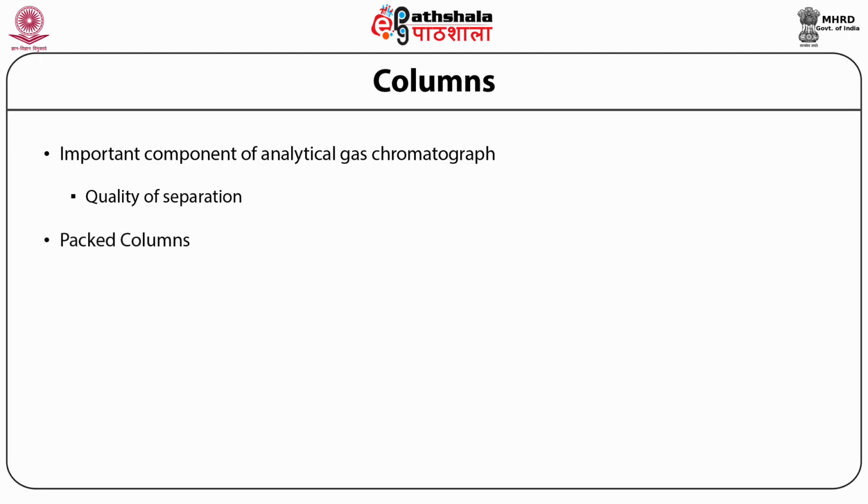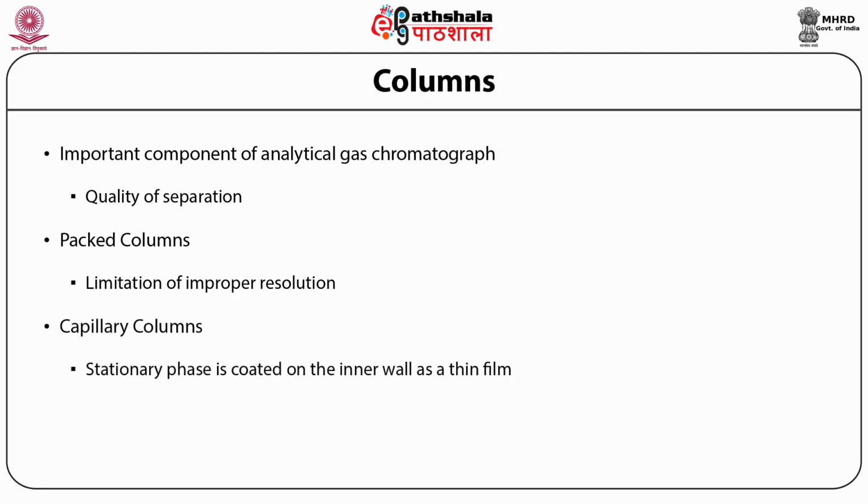However, micro-packed columns used later on had less than 1 millimeter of internal diameter. A limitation of packed columns was improper resolution due to their length, as pressure drops resisted the gas flow within the column. This restriction was overcome by the use of capillary columns, in which the stationary phase is coated on the inner wall as a thin film.